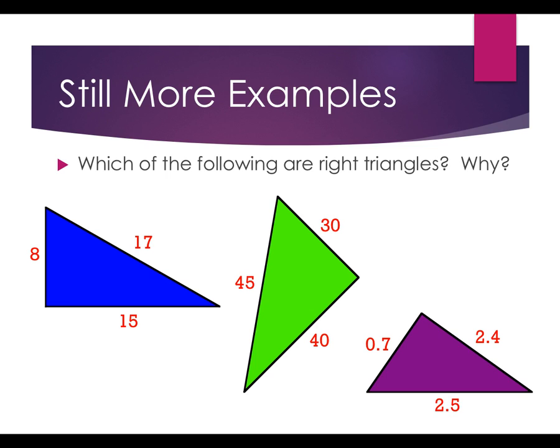Great question. Somebody want to answer that? The two legs squared equals the hypotenuse squared. How do you know which one's the hypotenuse, Jenna? It's the longest side. Good. If it is a right triangle, then the hypotenuse would be the longest side. So therefore, for instance, in the blue one, when you set it up, you would check to see if 8 squared plus 15 squared equals 17 squared.